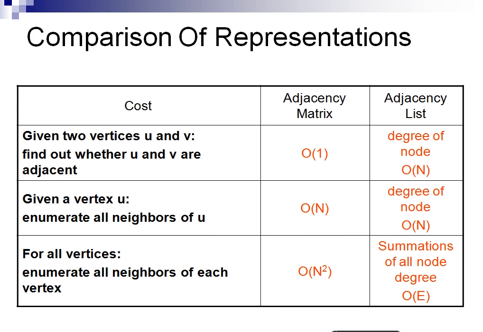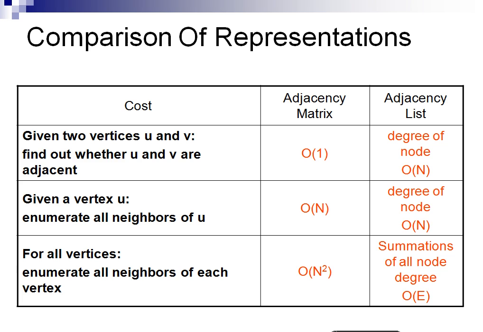Now here we have a comparison of these representations in terms of cost, in terms of computational complexity. Given two vertices u and v, we find out whether u and v are adjacent to each other.